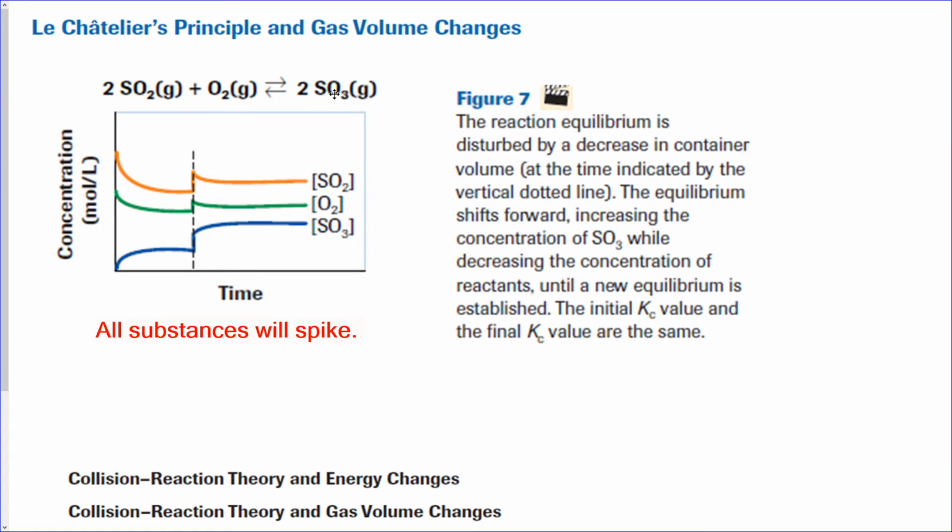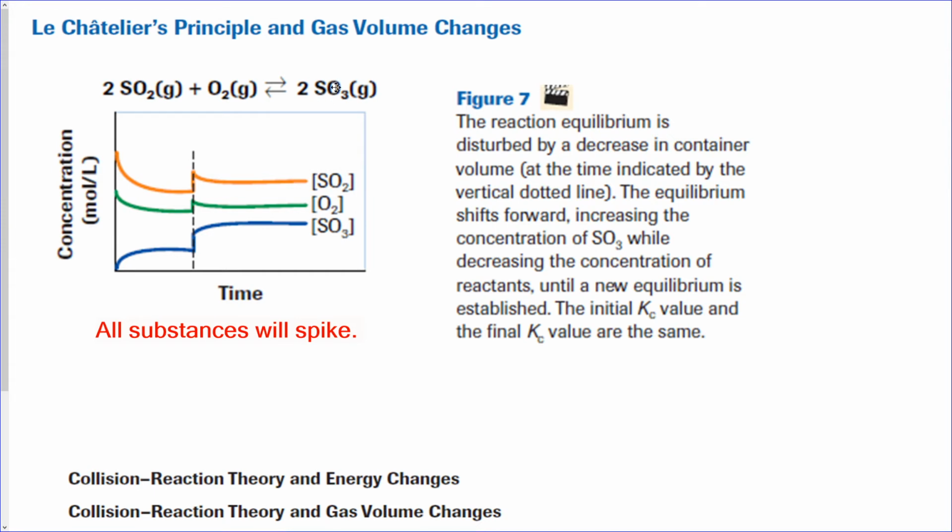So we have to just count how many moles we have on the left and how many moles we have on the right. In this case, we have 2 SO2 plus 1 O2 yields 2 SO3. So we have 3 moles of reactants and 2 moles of product.